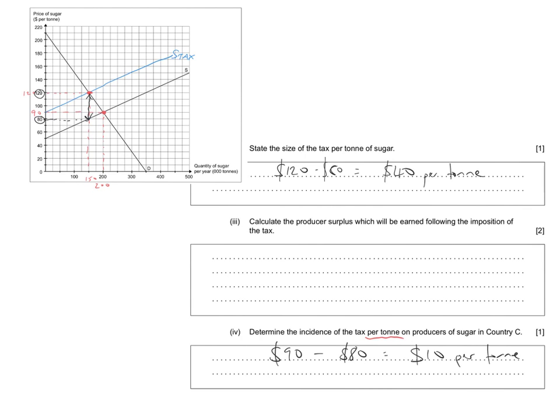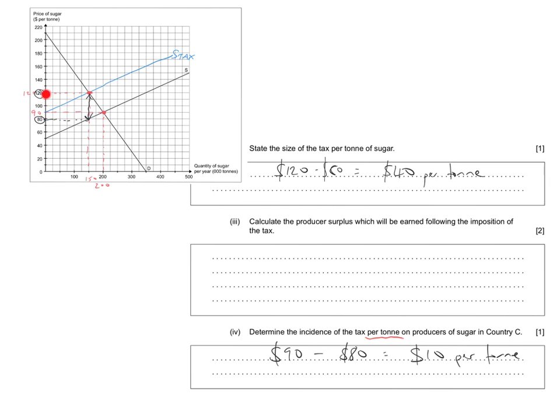Now coming back to part 3, calculate the producer surplus which will be earned following the imposition of the tax. The new equilibrium after this imposition of the tax, where there's the supply curve and our demand curve, is here. And we know that the producer surplus is the area above the supply curve but below the market price.